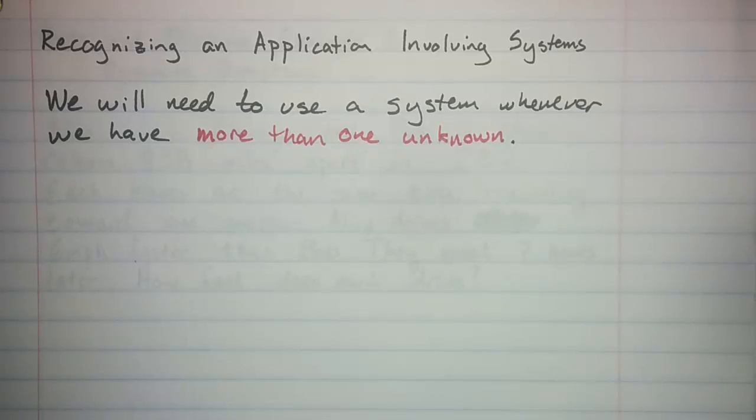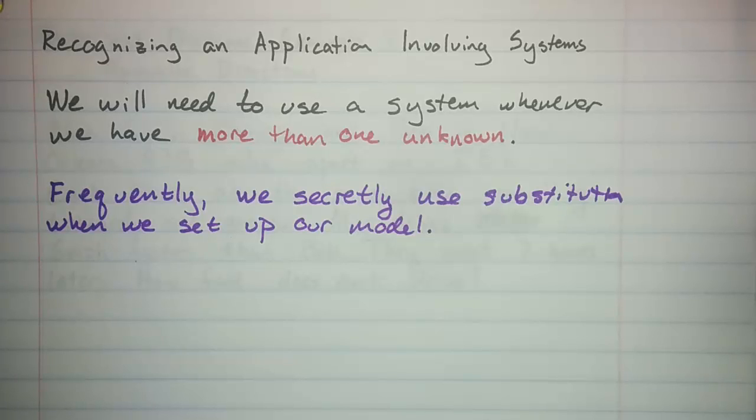Now that's kind of a strange thing to say, because all the time in math classes, we have you solve things with more than one unknown, where you just represent everything in terms of one variable. But I'm going to tell you a secret. Frequently, we're secretly using substitution right in the process of setting up our model.